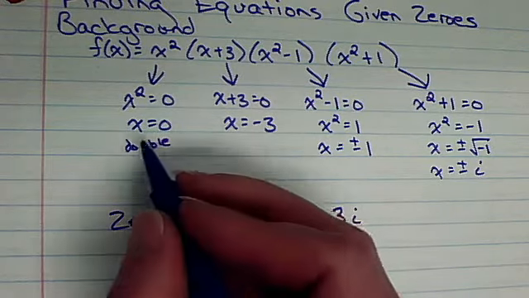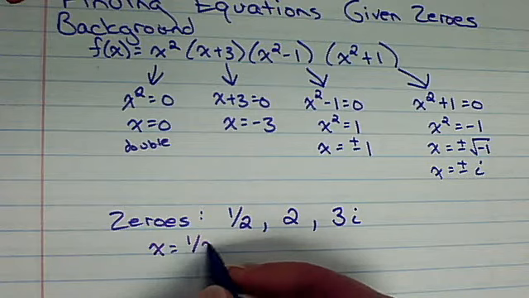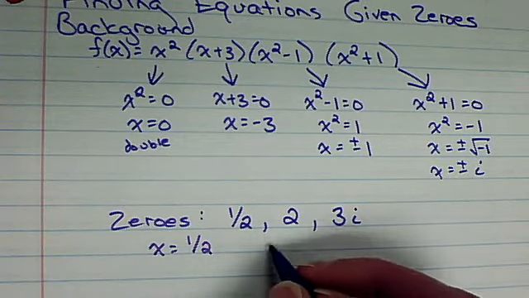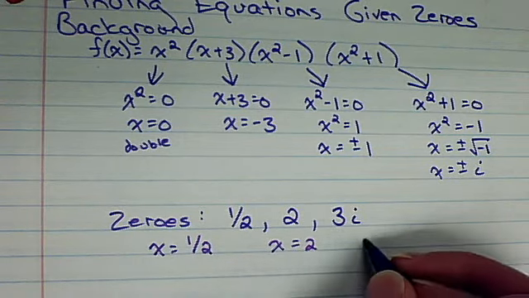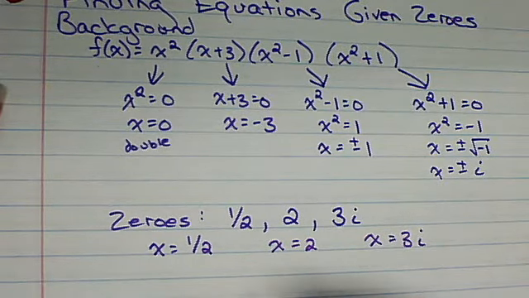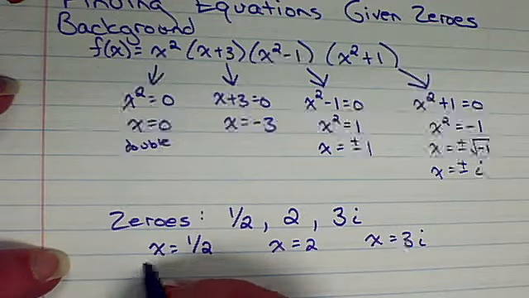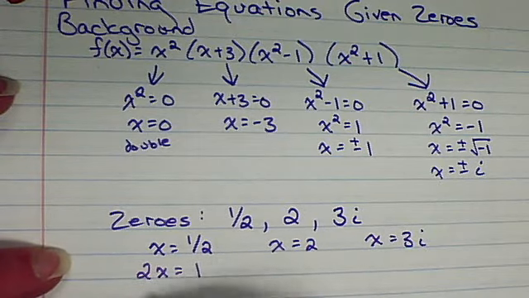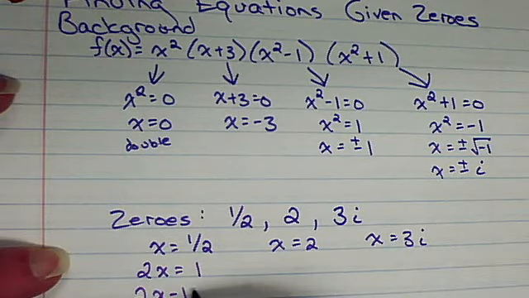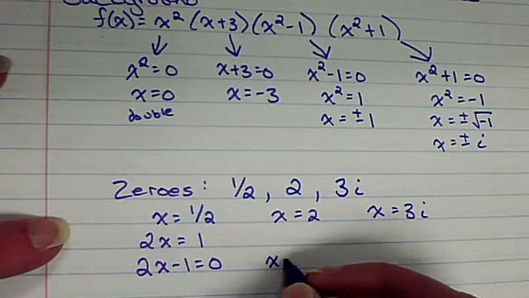Well, that means the solutions would have been x equals 1/2, x equals 2, and then x equals 3i. And now we just work backwards to get the factors. So that would have been like having 2x equals 1, or 2x minus 1 equals 0. Here, that one's easy, that's x minus 2.